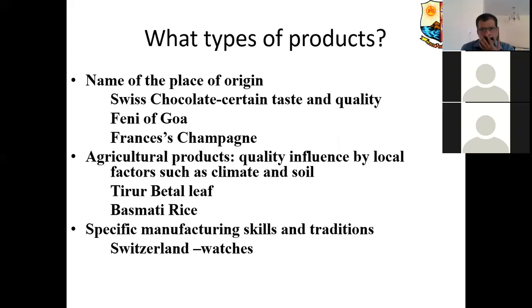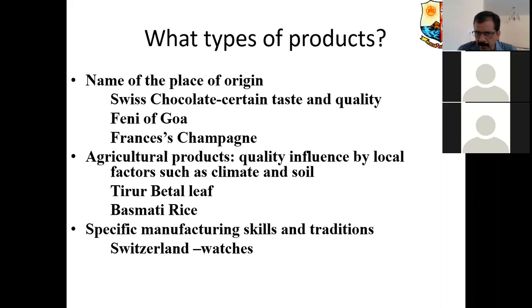Okay. Now, what type of products can you think of when I think of a GI tag product? Which are the types of products? For example, it may be the name of the place of origin. That particular product is exclusively made in that particular place. For example, Switzerland chocolates are very, very famous.